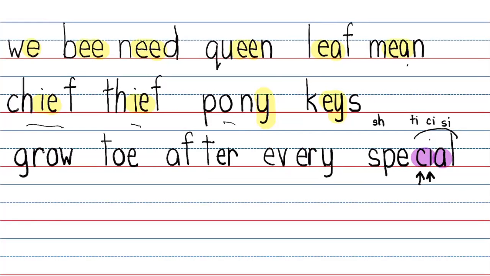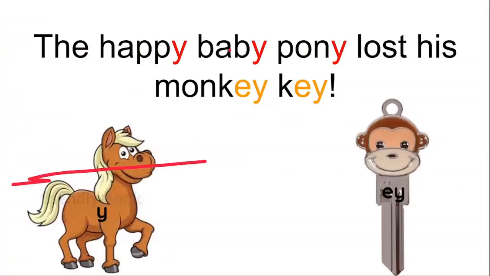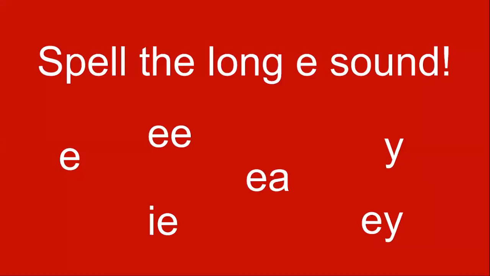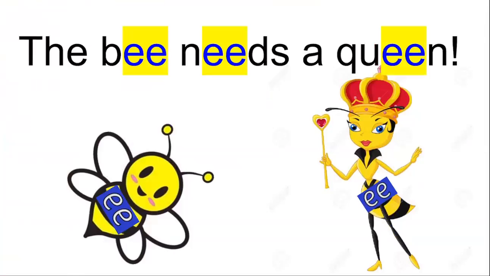Ready? Go back. Oops, there it is. We have all these ways to spell the E sound. We're going to remember the bee needs a queen. Your spelling word is just need, but I wrote needs up there.